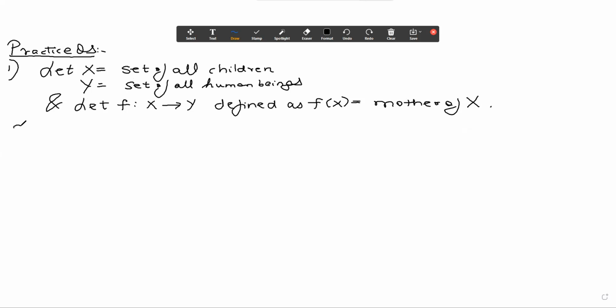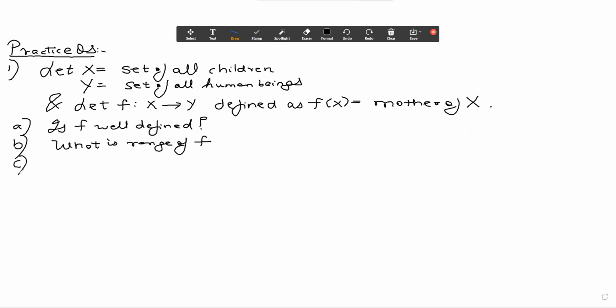The question asks us: first, is f well defined? Second, what is the range of f? And third, is f one-one? Is f onto?